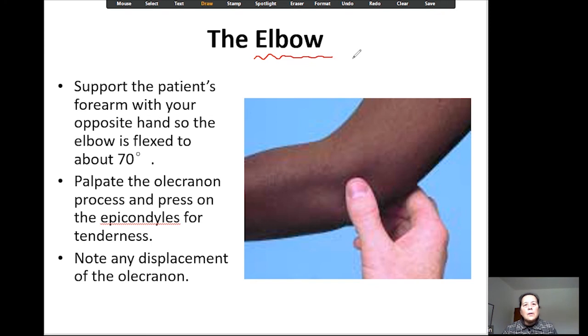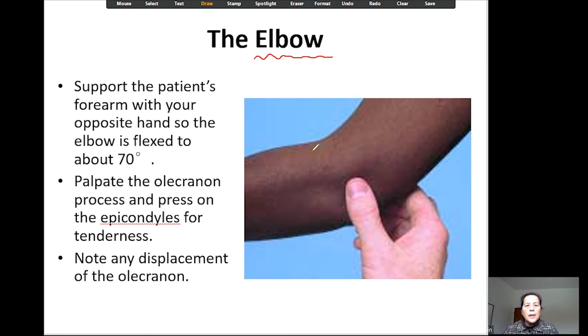So we still inspect first, looking at both sides, which should be the same, and looking at the skin color. And then we palpate.